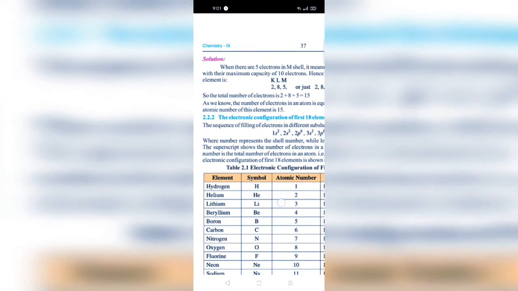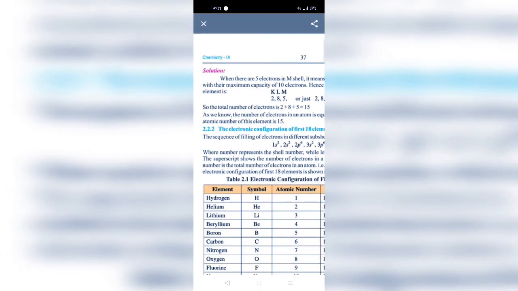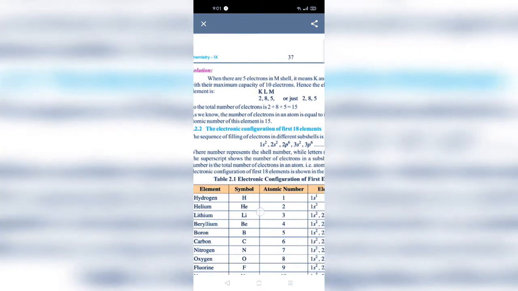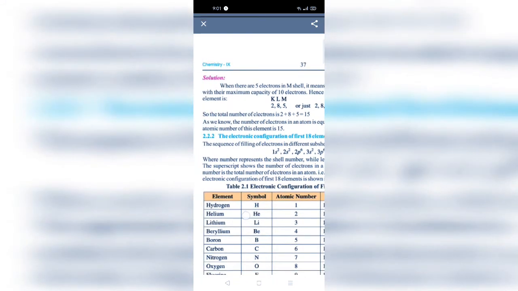As we know, the number of electrons in an atom is equal to its atomic number. Therefore the atomic number of this element is 15, and atomic number is equal to proton number. So proton and electron numbers in a neutral atom are equal.